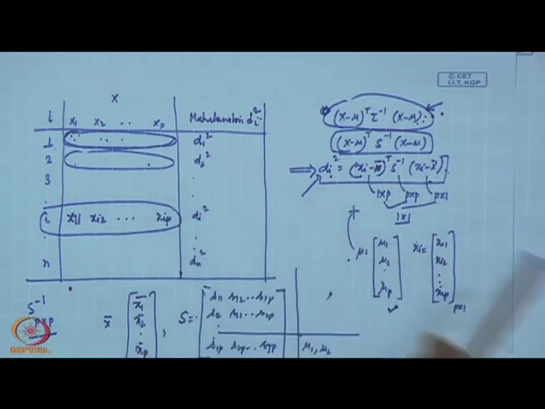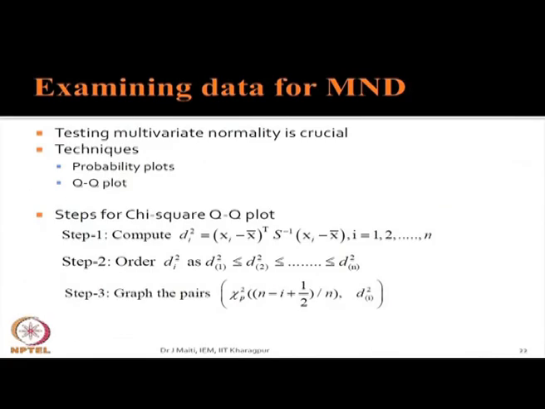Using this property and the steps like this, plot. If you get a straight line, that is multivariate normal. If it differs substantially, then definitely that is not multivariate normal, but there will always be some amount of departure. So, what departure is acceptable, that also you have to check.